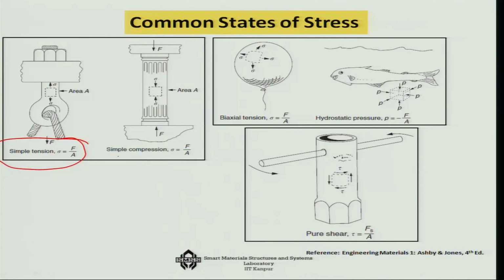But there are other cases, for example, a balloon or any such hydrostatic bodies where you get a biaxial state of stress, expansion and contraction, or a hydrostatic pressure, or there are cases where you will be able to see pure shear. So, these are all certain cases of stress in our day to day experience.